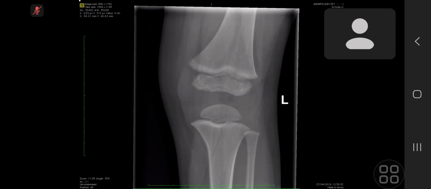The tibia and fibula are unremarkable. There are some sclerotic, patchy changes within the epiphysis, and sclerosis of the metaphysis. The differential for this is dense metaphyseal bands, so I'll be thinking of a background of lymphoma.